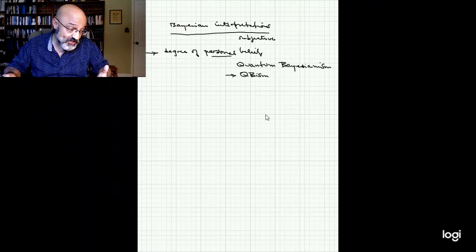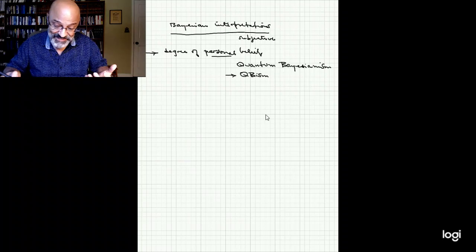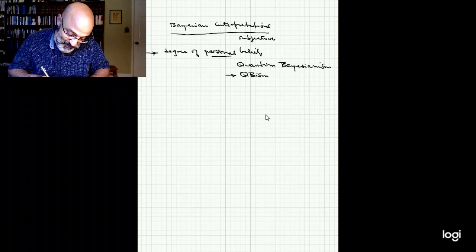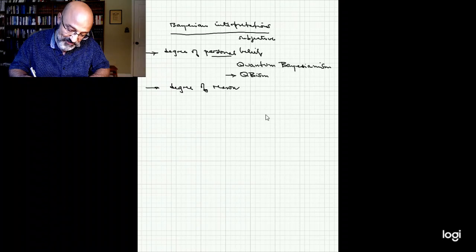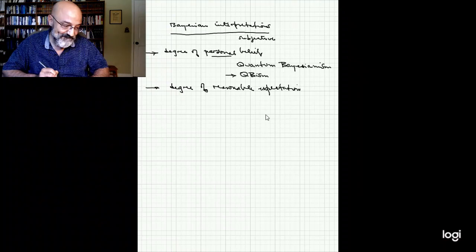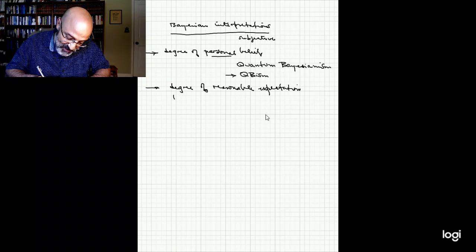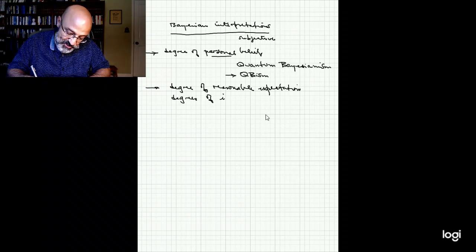So, can we make it a little bit less subjective? Well, yes. There is what is called a degree of reasonable expectation. Sometimes they're called degrees of implication.